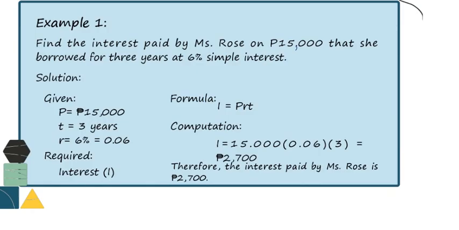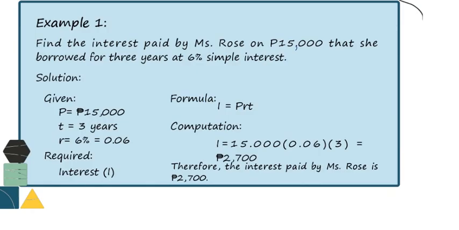So in any word problem class, I advise that we do this problem solving flow. So yung ginagawa first is we try to understand the problem. Next is identify which is given or which is known in the problem. And then the next thing is try to identify what is required in the problem.